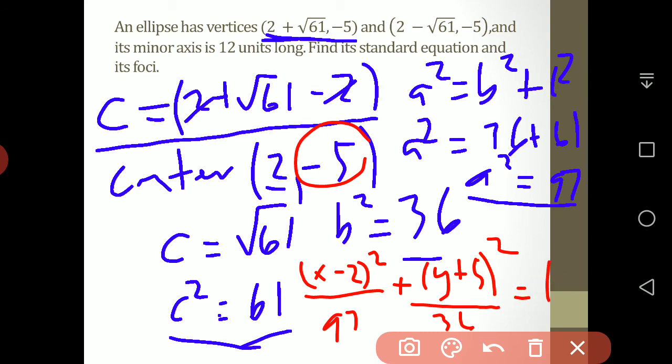So that's the standard equation, and we have already found the foci. So foci will just be, just get the distance. You can do that.